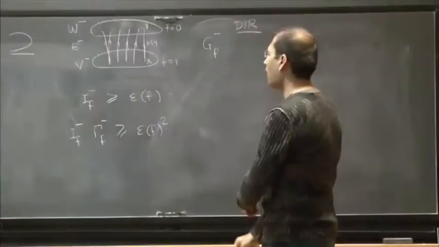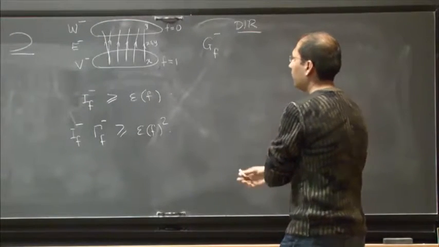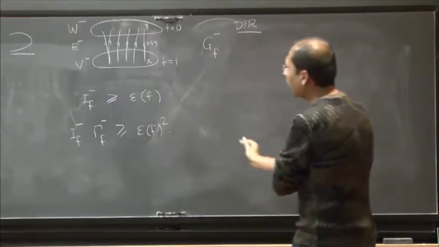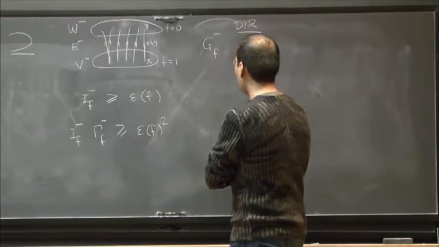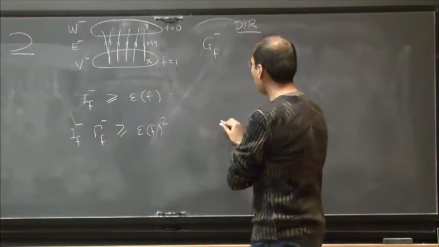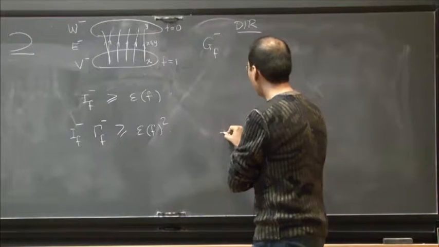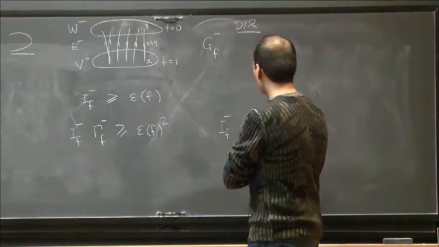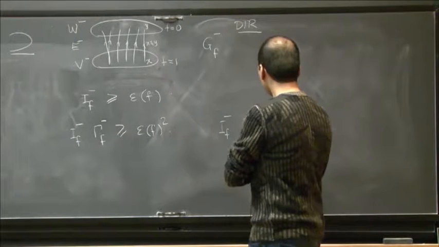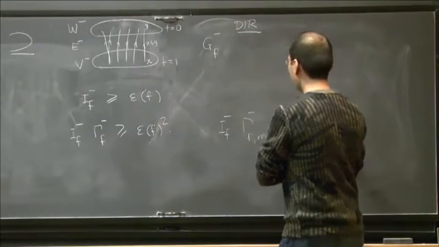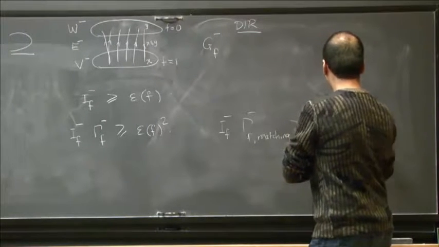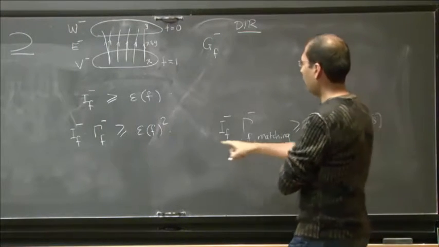Actually, to apply this to the monotonicity testing problem, they need a statement which is even stronger than this, which let me write anyway, though we won't really need it. So this is Chakrabarty and Seshadri.